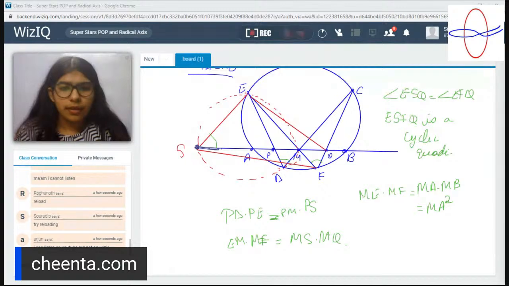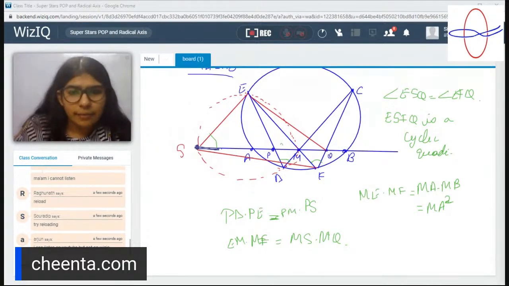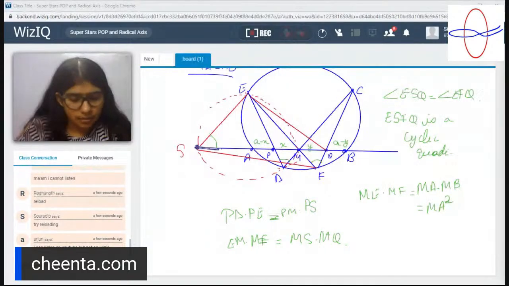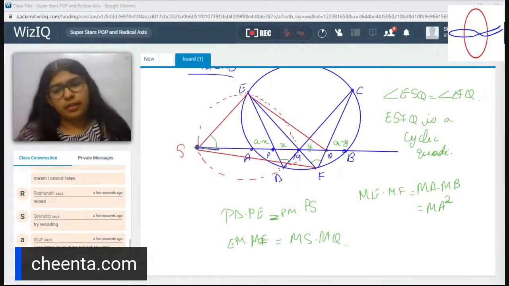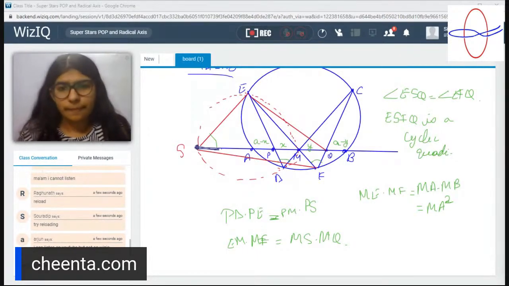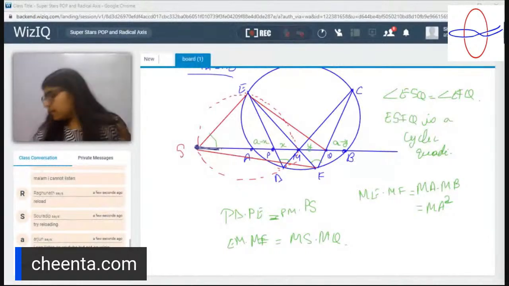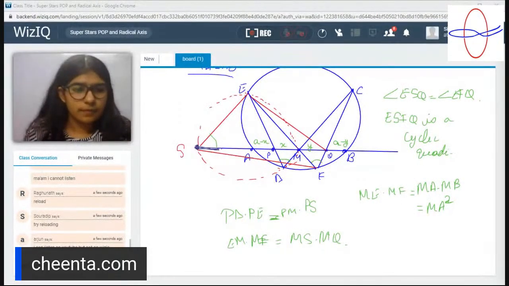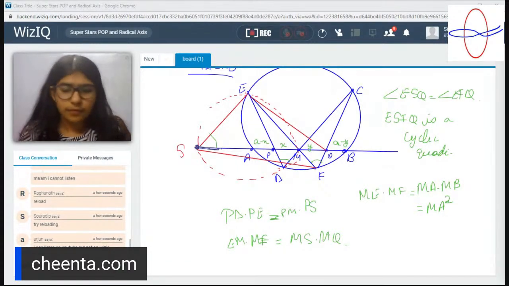Okay, so over here, try taking MP as X, MQ as Y, MA as A, so this becomes A minus X, and QB as A minus Y. Okay, and PS has, yeah, actually, try using this. Try it over here and then we discuss for a few minutes.